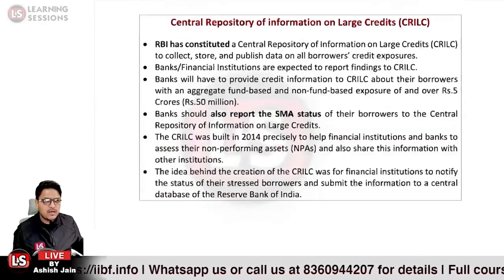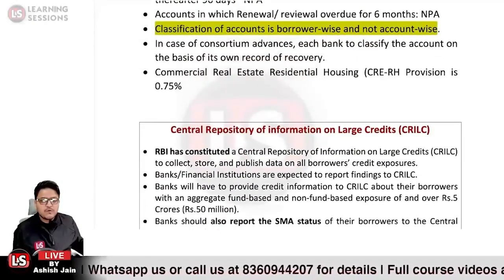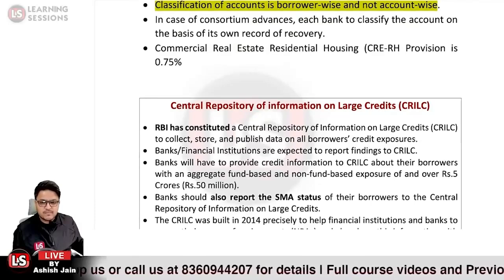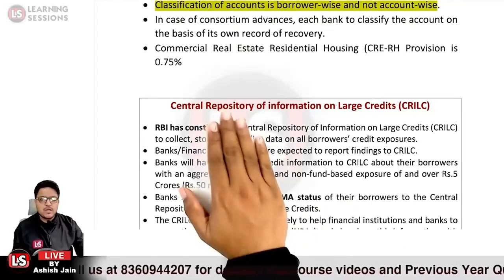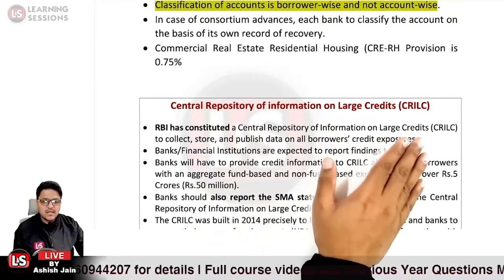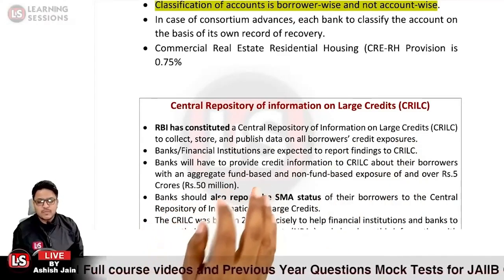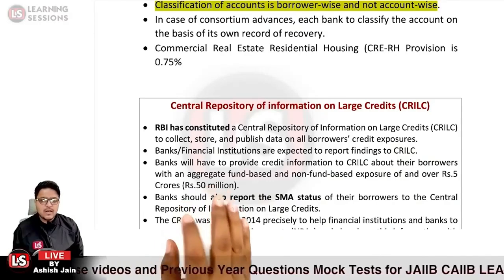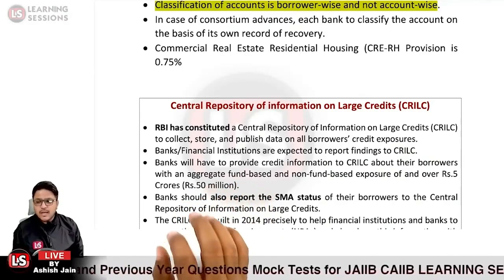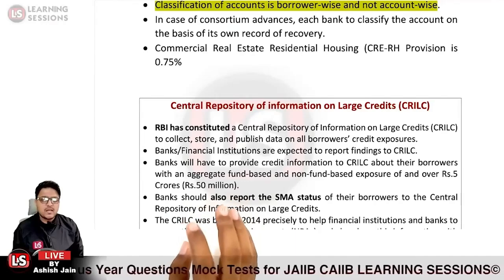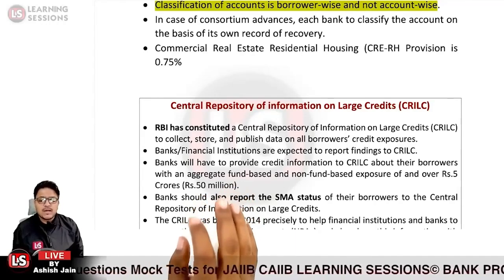Now what is CRILIC? CRILIC is the Central Repository of Information on Large Credits. RBI constituted CRILIC in 2014 so as to collect, store and publish data on borrowers' credit exposures.